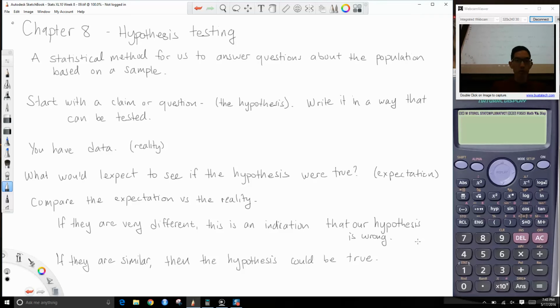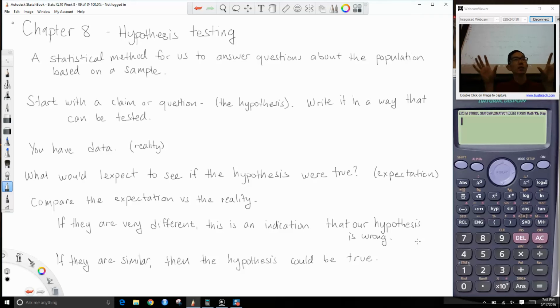Okay. So again, we start off with a claim or a question. We call this the hypothesis, and we write it in a way that we can test it. And then we have the data that we actually gather. And then we ask, what would we expect to see if this claim or hypothesis were true? And we compare what we actually see versus what we expect to see.